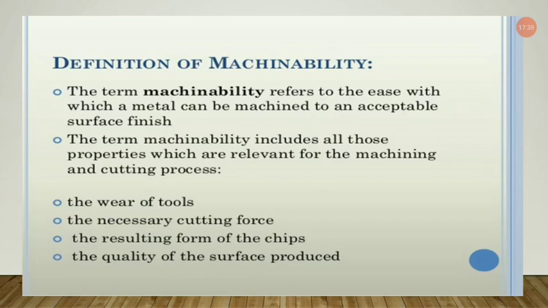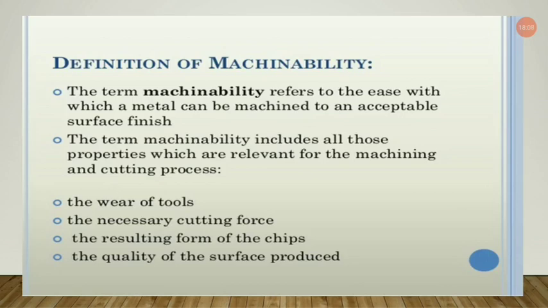So, you must keep in mind that with the ease of machinability, the surface finish is going to be much better. Apart from the surface finish, many parameters such as the power requirement will also be reduced, and the efficiency will also increase. And the tool life, you can easily guess, can also be enhanced with the ease of machinability.